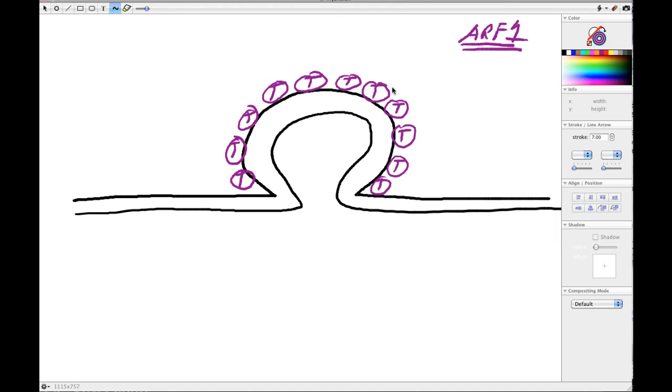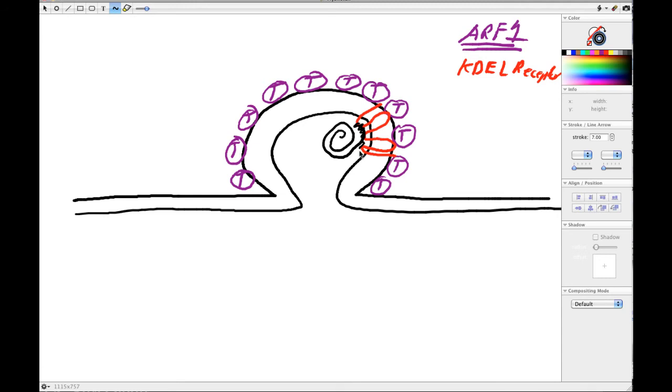All right, and then in here, we have the KDEL receptor, and we've got our, and I'm not going to draw the sequence, but the KDEL sequence containing protein that's been recruited in there.